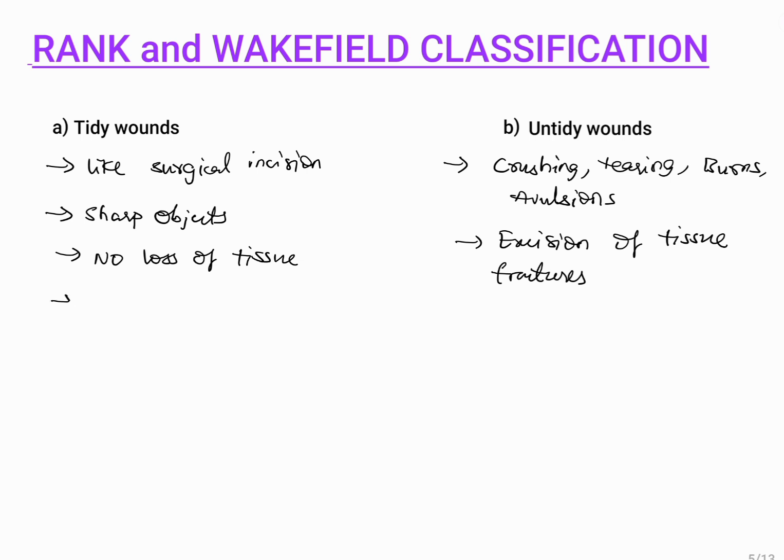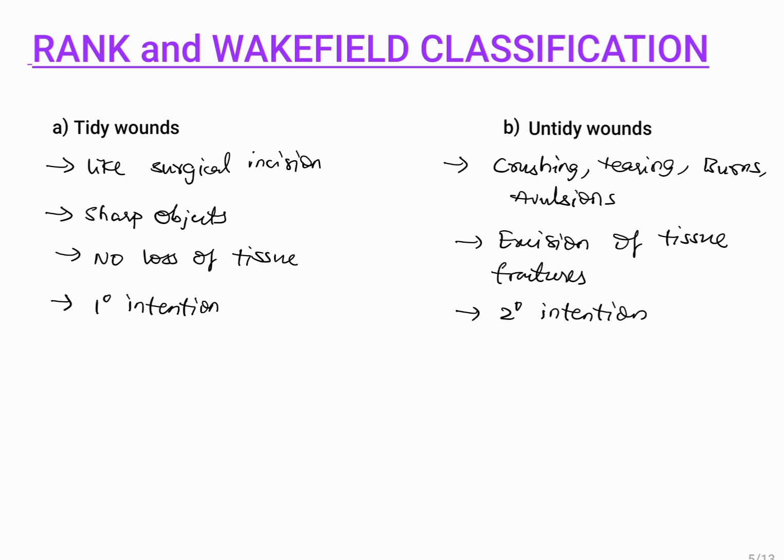In tidy wounds, the major part of healing of wound occurs through the primary intention, whereas the untidy wounds get healed by secondary intention. These are the classical differences between tidy wounds and untidy wounds.